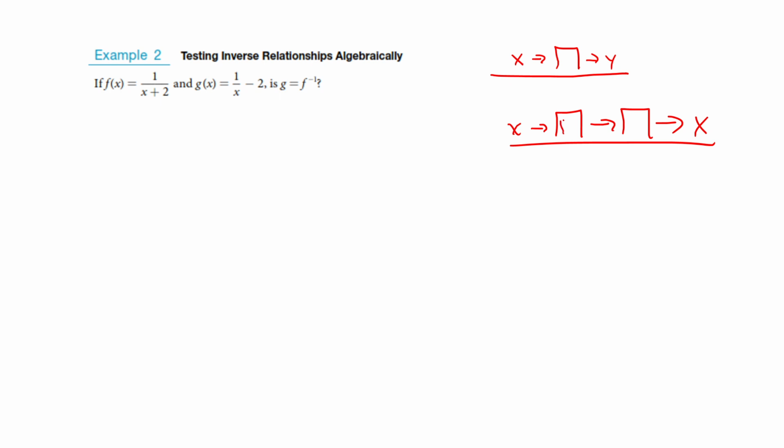If this is f of x and this is f inverse of x, I put x into the machine, and what comes out now goes right into the next machine. If it's the inverse machine, shouldn't I get right back to where I started?